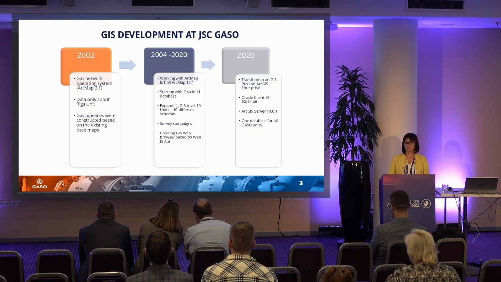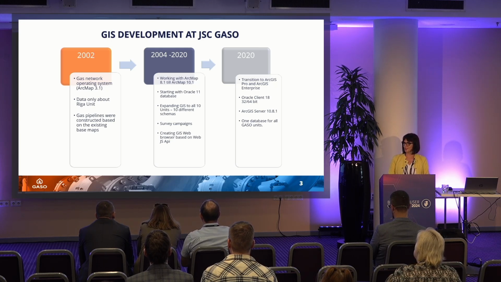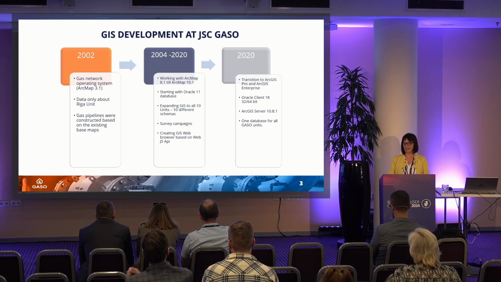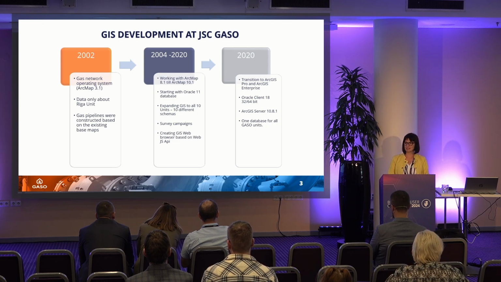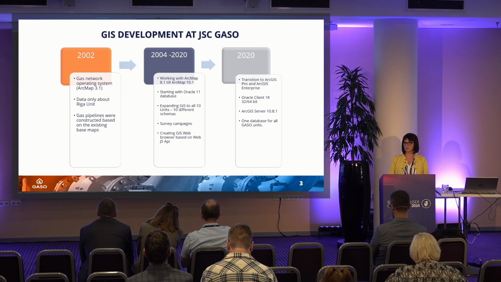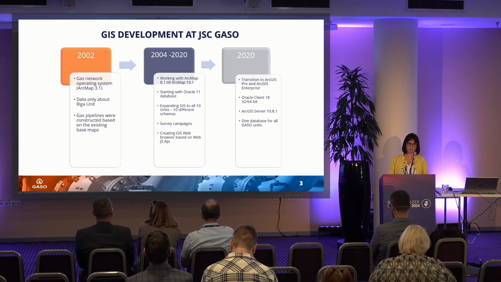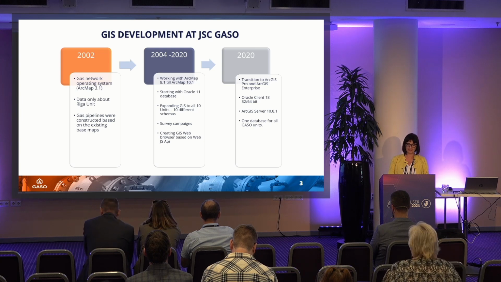Those maps were 20 years old and older, and very inaccurate, and we were constructing pipelines with ties and ring lines, so you can only imagine what the data quality was then.